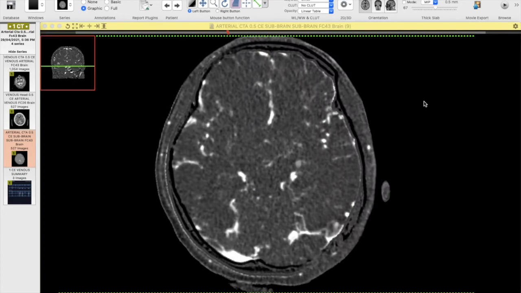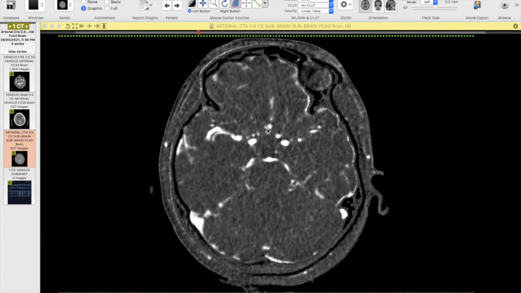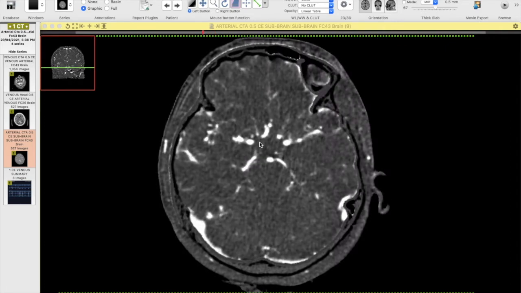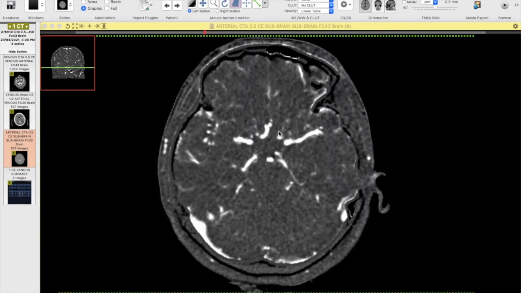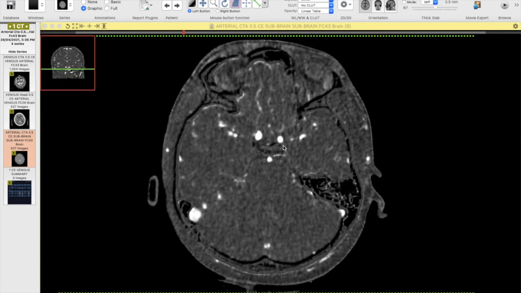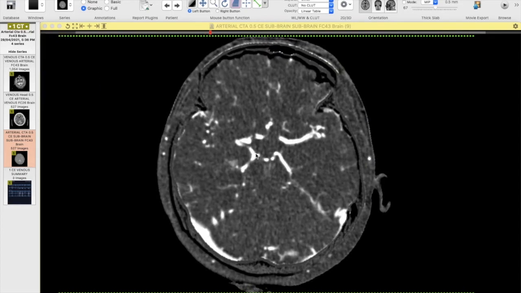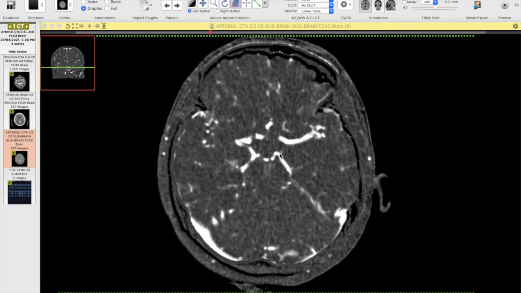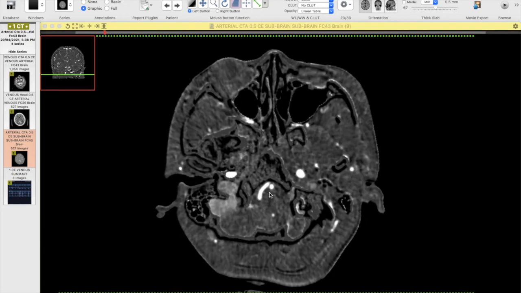As you can see from these images, there is a bilateral ACA, and this is the ACOM, and then this is the MCA, and this is the ICA, and this is a PCOM on the left, PCA bilaterally, and then the basilar artery going to the vertebral arteries bilaterally.